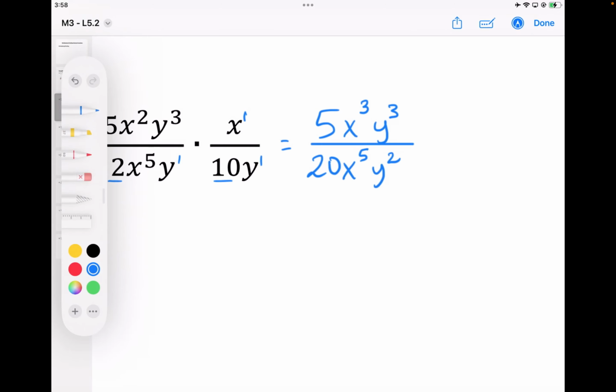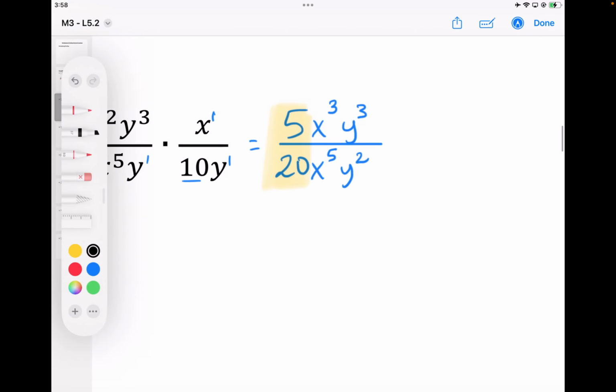This just makes it a little easier because there are not quite as many moving parts to then simplify. So I simplify the coefficients. 5/20, both are divisible by 5. So that's 1/4.